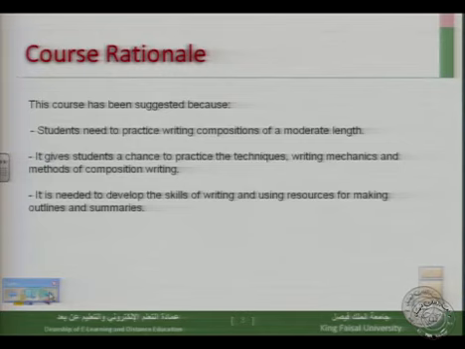The third point, it is needed to develop the skills of writing and using resources for making outlines and summaries. So this course will be useful to you as it develops your skills of writing and using the resources such as text or information or articles to make an outline and a summary.